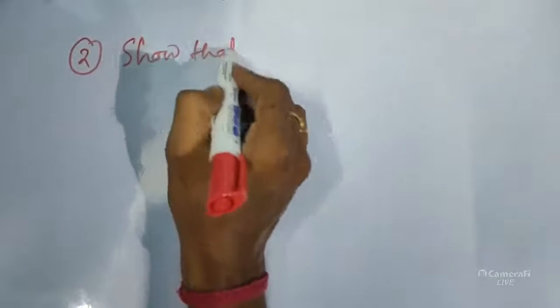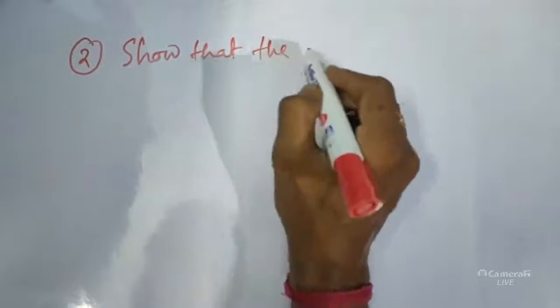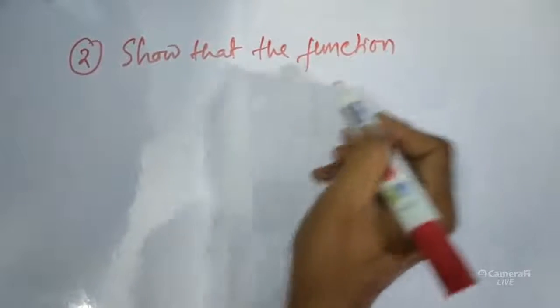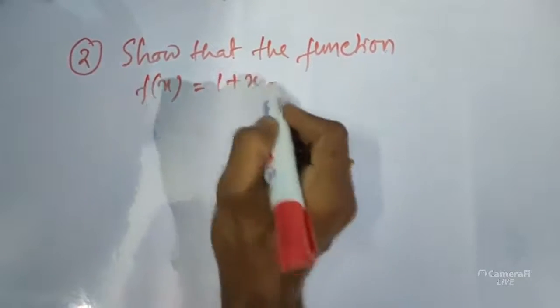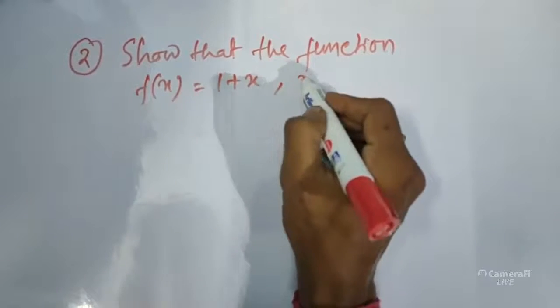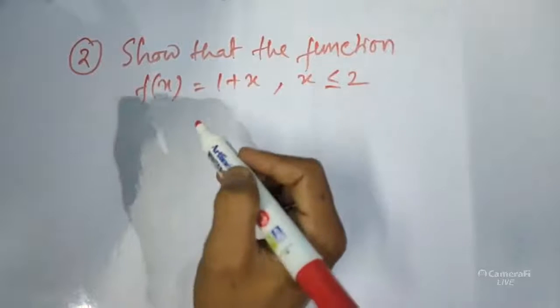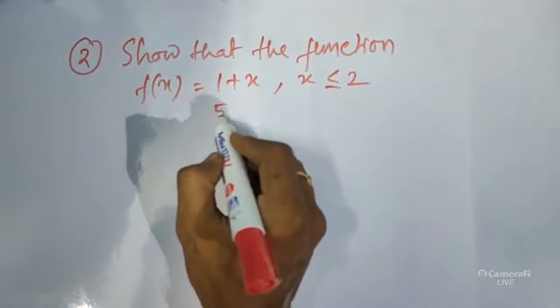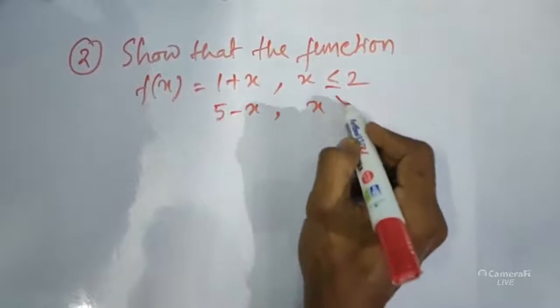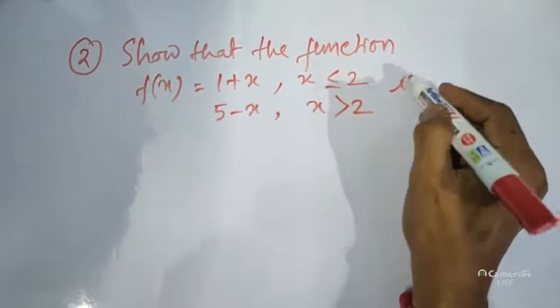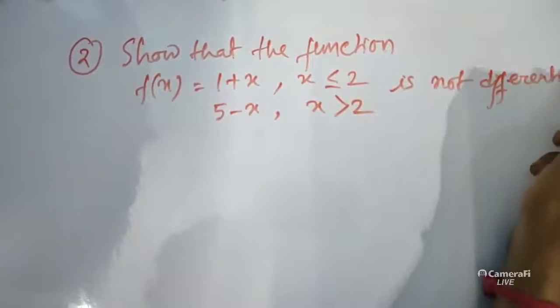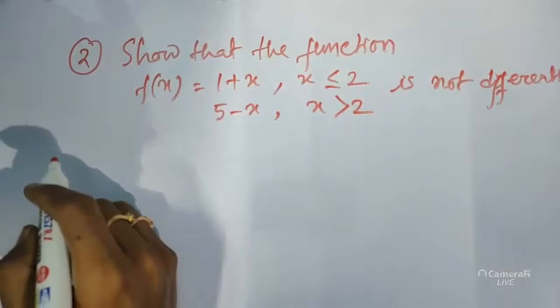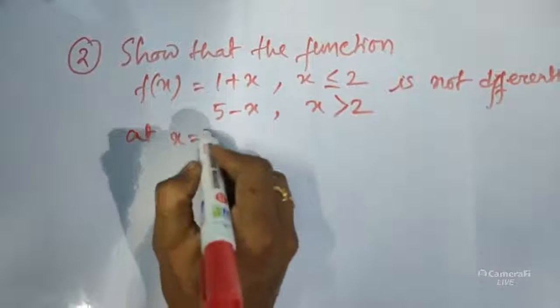Number 2, so that the function f(x) equals 1 plus x when x is less than or equal to 2, and f(x) equals 5 minus x when x is greater than 2, is not differentiable at x equals 2.